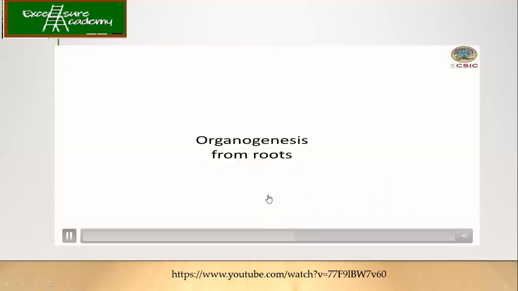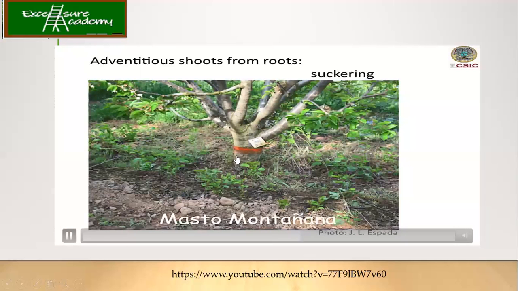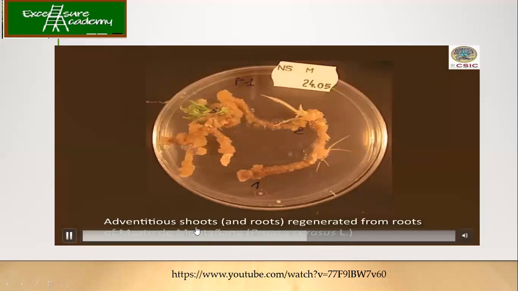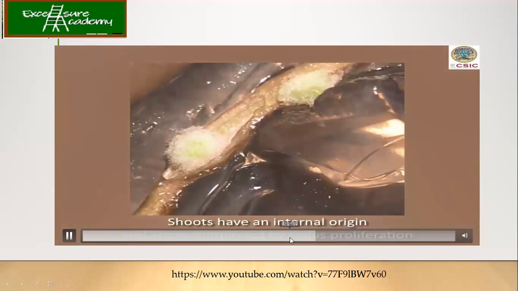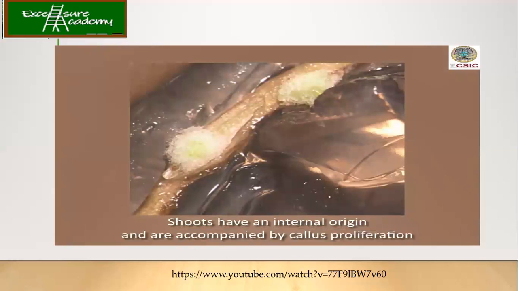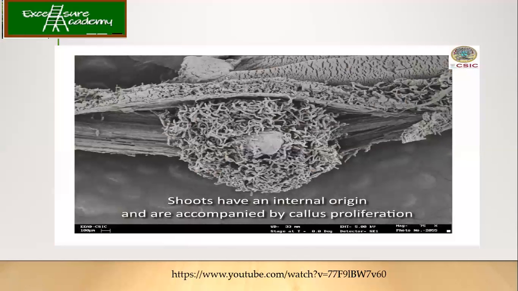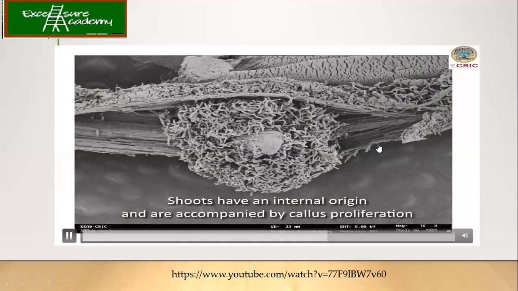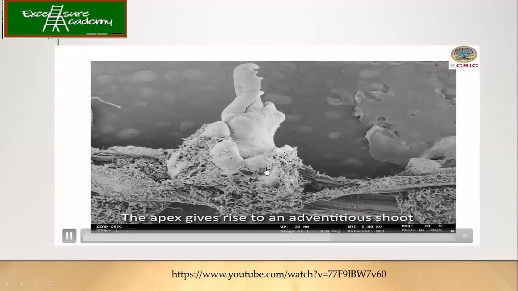Now this is for the roots. This is the plant, the tree they have selected. You can see over here they are growing shoots and roots. The root portion was taken, and from the root they have added phytohormones in order to get the shoots. So this is the origin, and then at the apex you can see very beautifully it is emerging.